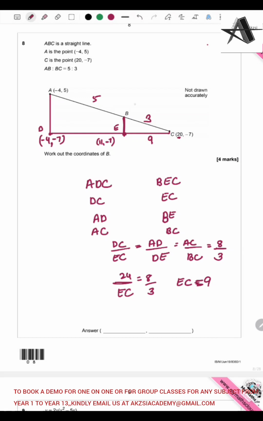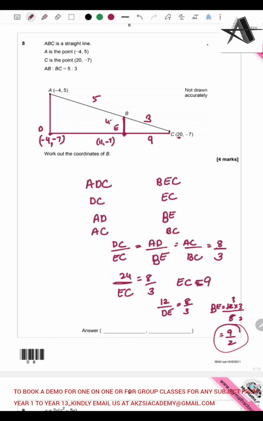Now we need to calculate the vertical one. AD was 12, we have calculated, over DE is equal to 8 over 3. DE is equal to 12 into 3 over 8. So this will be 9 over 2. So DE, it was BE. So this length BE is 9 over 2, that is 4.5.